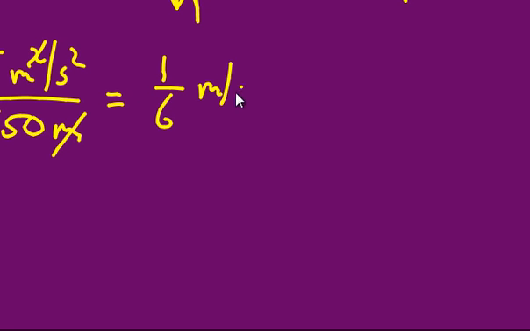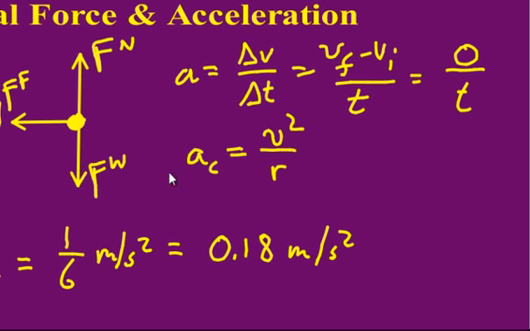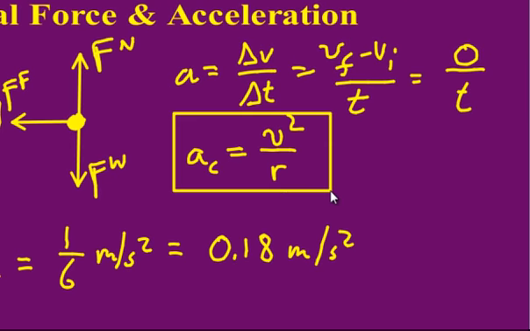We still get meters per second squared, or if you want to put this in decimal terms, we still get meters per second squared, which we know are the units of acceleration. So you're going to use this new formula anytime you get to acceleration in circular motion.